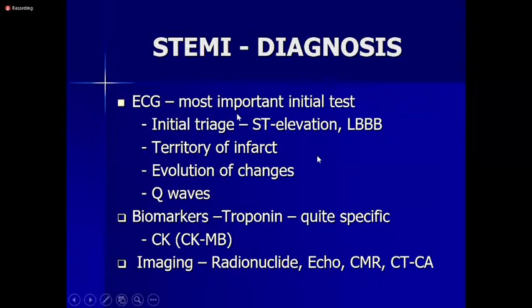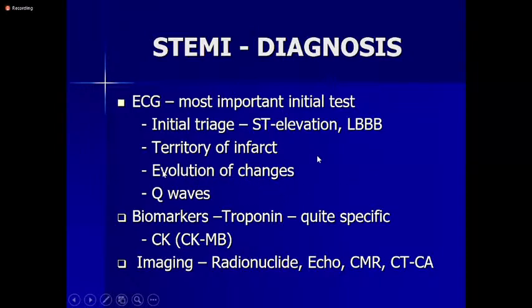The other thing the ECG tells you is the territory of the infarct, and the territory of the infarct depends on which coronary artery is blocked. And of course, the bigger the coronary artery and the more proximal the blockage, the bigger the territory which is infarcted, and therefore the more complications you expect.